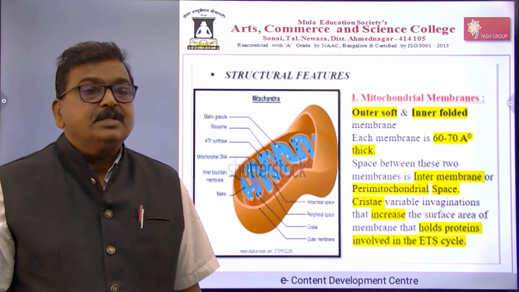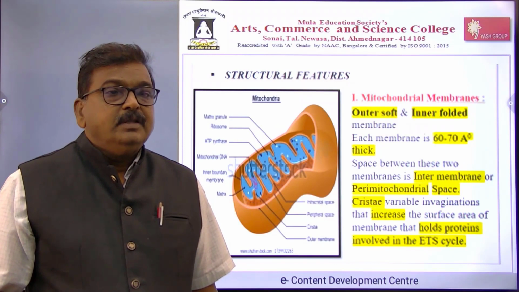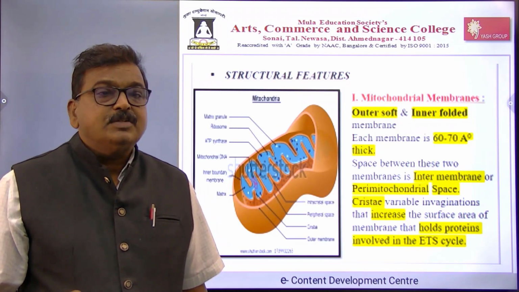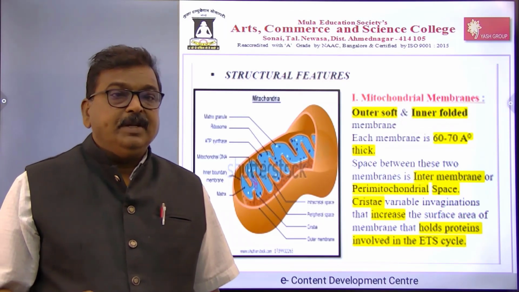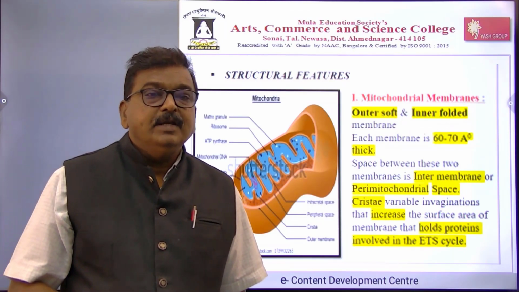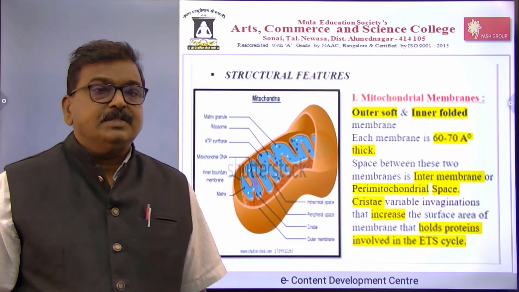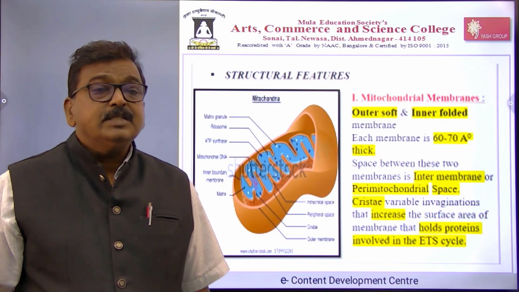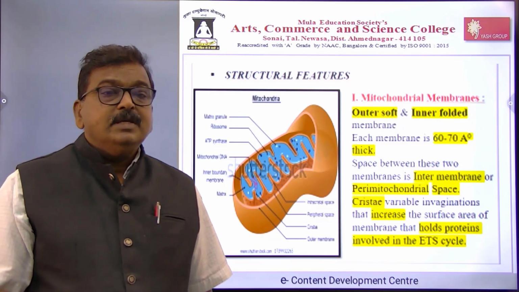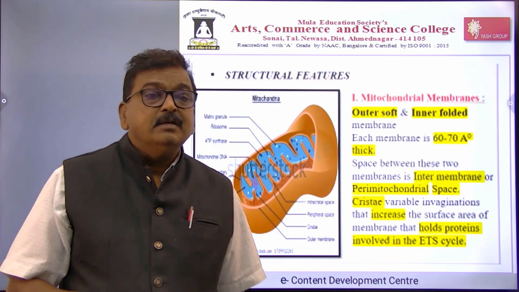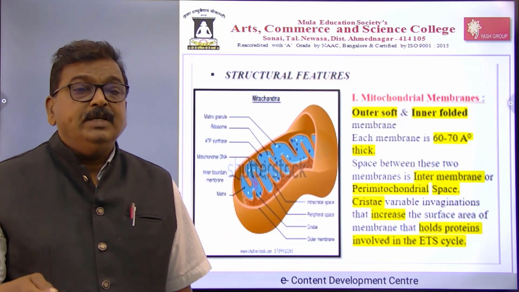Firstly, structure of the mitochondrial membrane. The mitochondria consist of an outer smooth and an inner folded membrane, and each membrane is 60 to 70 angstrom units in thickness, whereas there is a space in between these two membranes, and that space is called the inner membrane space, or it is also known as the perimitochondrial space.